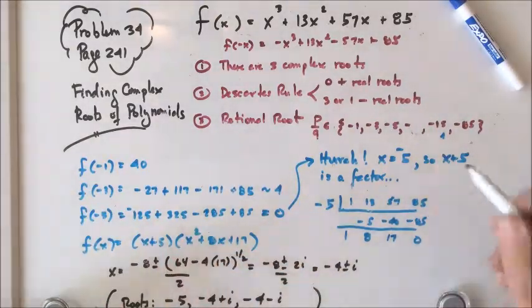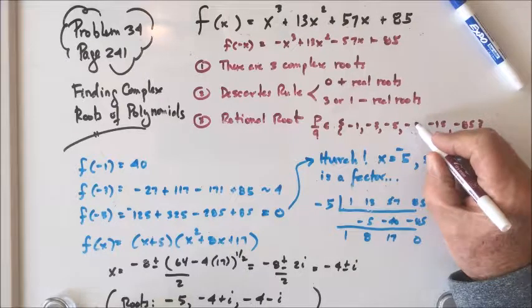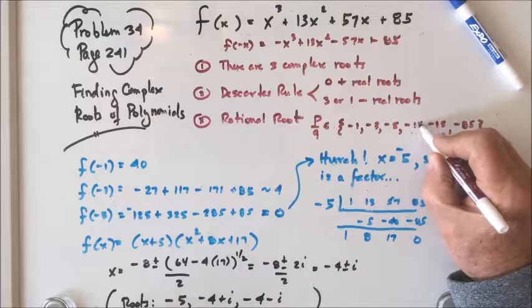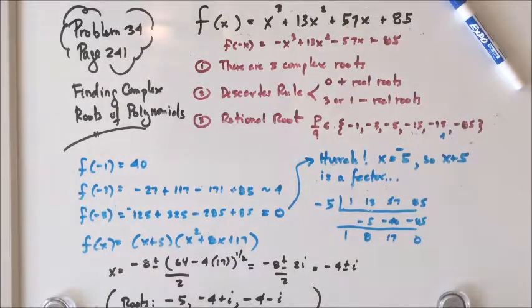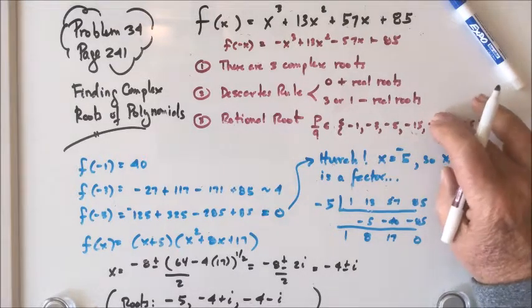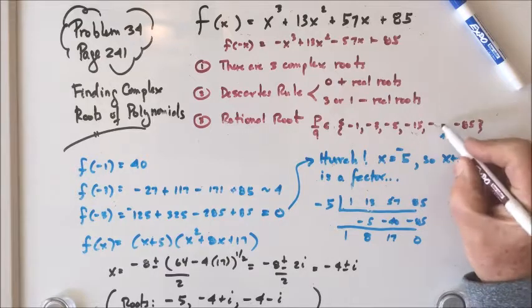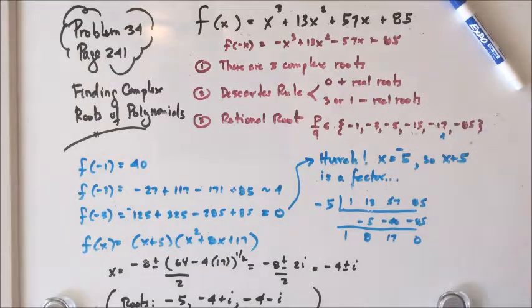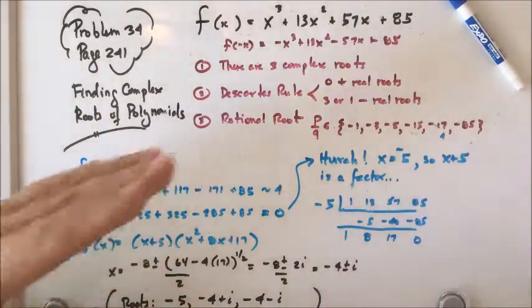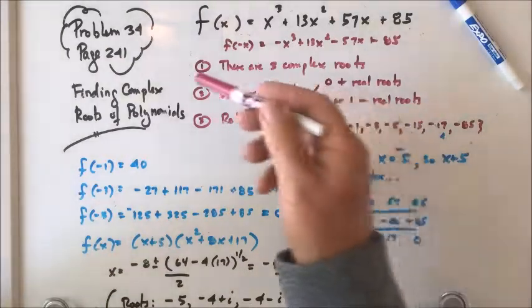Told you you didn't want to watch me do this. Why do I have 15 here? Is 15 right? Yeah, 15 must be a factor. And -17 and -85. So that's what we've got to choose from.